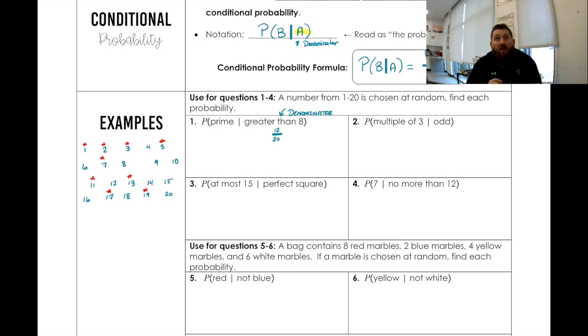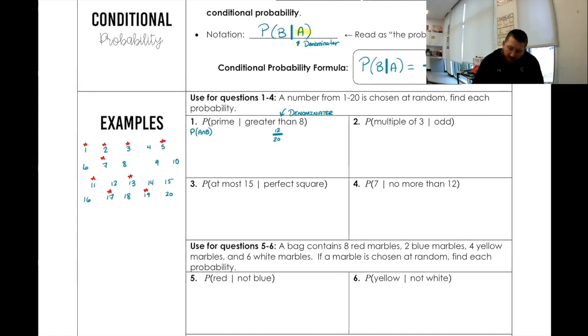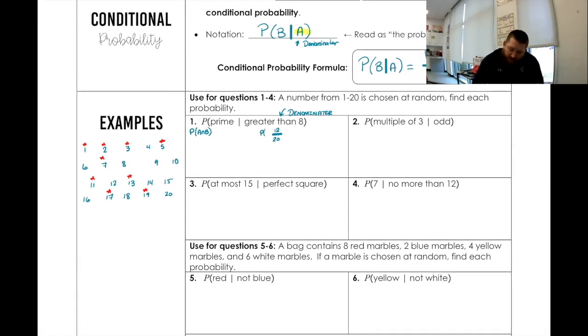Now for the probability of A and B occurring: prime is our B, and greater than 8 is our A, so it's got to be greater than 8 and prime.